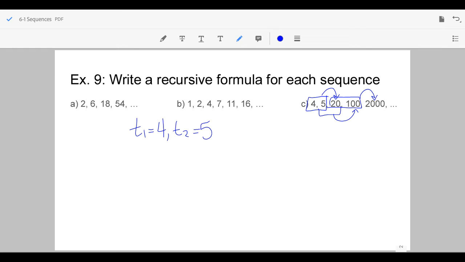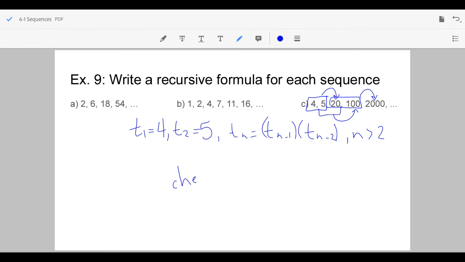So it's the previous term times the term that is previous to that gives you the new term. So term 1 is 4, term 2 is 5. Term n is term n minus 1, which is the previous term, multiplied by term n minus 2, meaning the term that is 2 before that, and n is greater than 2.